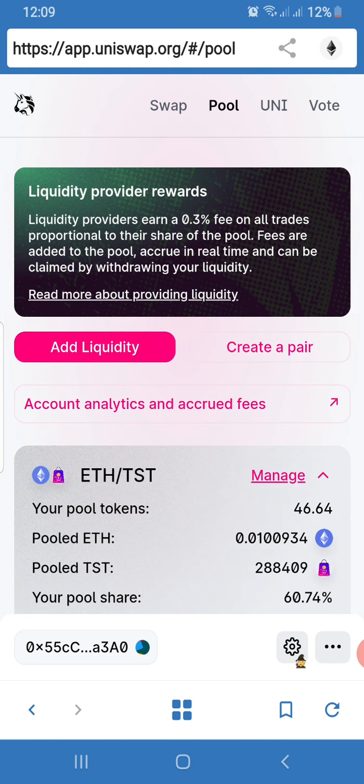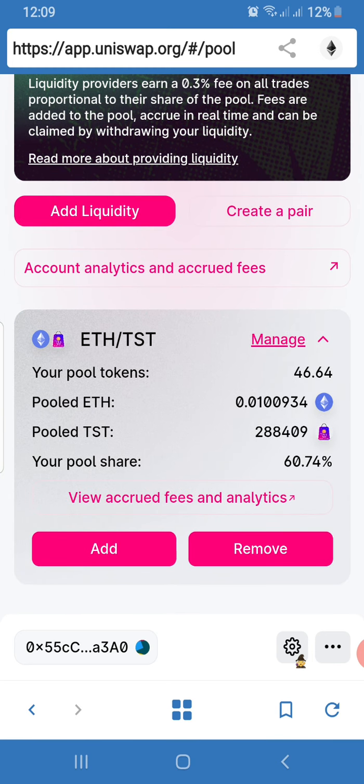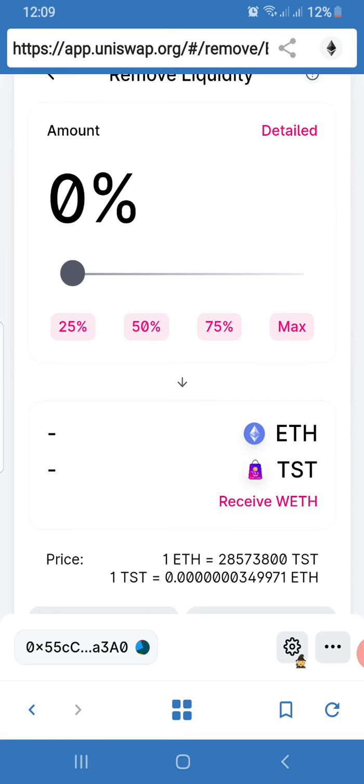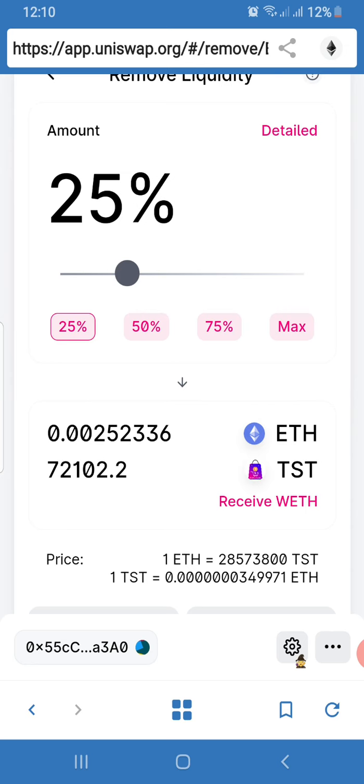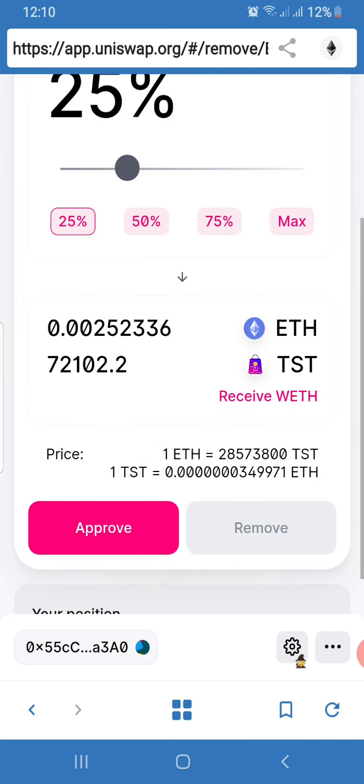All right, so let me show you guys how to remove liquidity. If you want to remove liquidity, I'll go to remove. It will now show me what percentage I want to remove. So I can do 25%, which means I'm going to receive 0.00252336 ETH, and I'll also receive 72,102.2 TST.